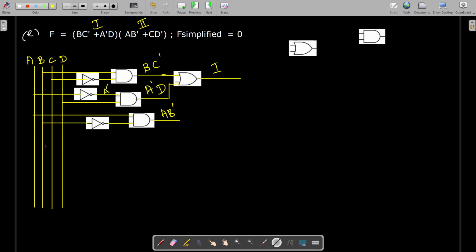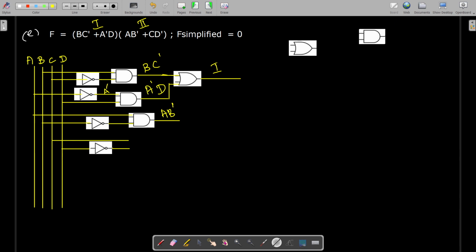Then we take the connection from C, and then D dash, that means D given to your inverter. So given to your inverter, the output is D dash.